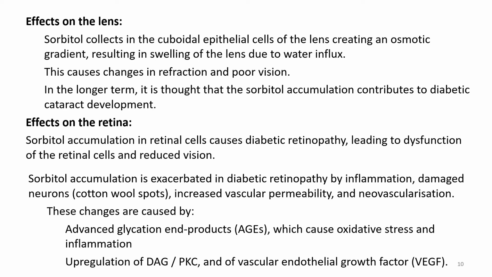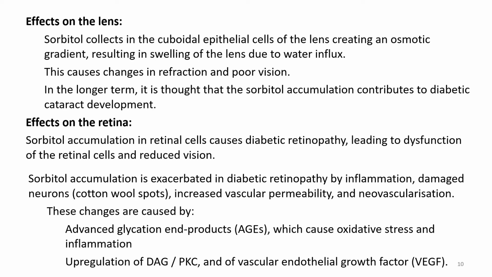Some of these changes are caused by something that we're going to talk about in a minute. These are advanced glycation end products, aka AGEs, which cause oxidative stress and inflammation. There is also, again, we'll talk about this in a minute, upregulation of DAG.